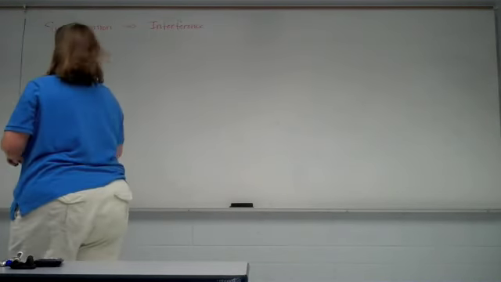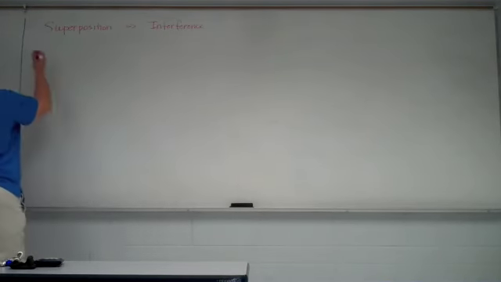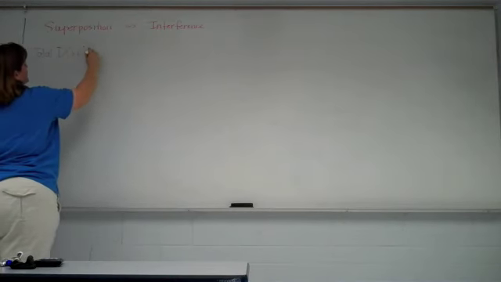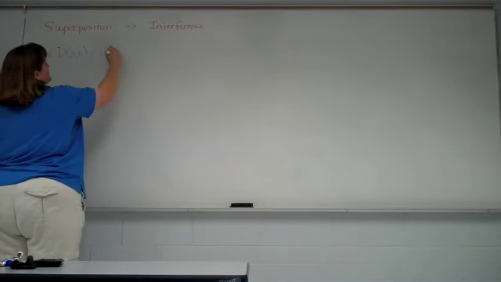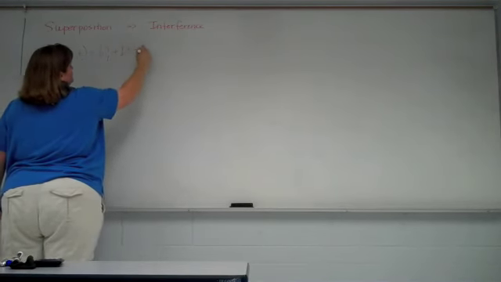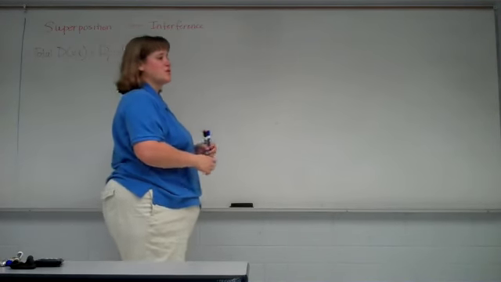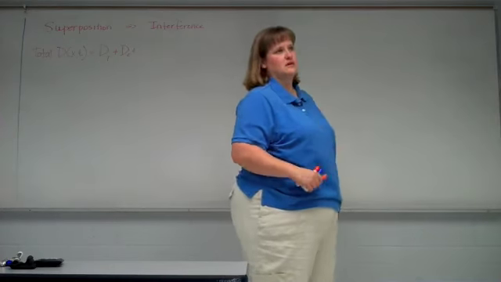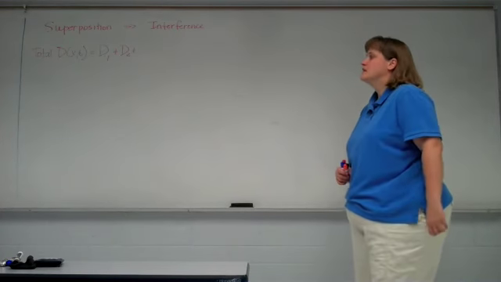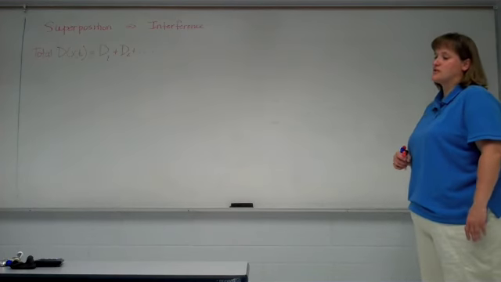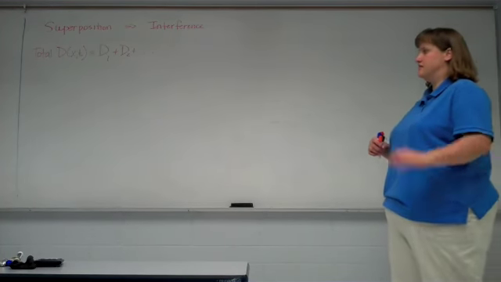So basically what superposition tells us is that the total displacement of our medium is simply the sum of the individual waves. Whatever displacement the individual waves create in the medium, you add up all of their effects and they total the overall displacement of the medium itself.